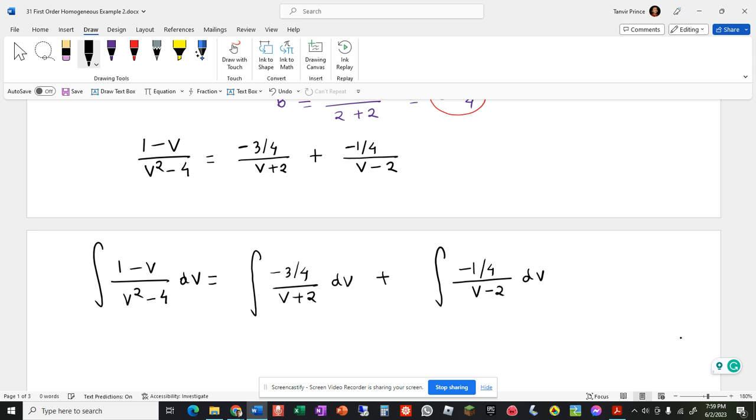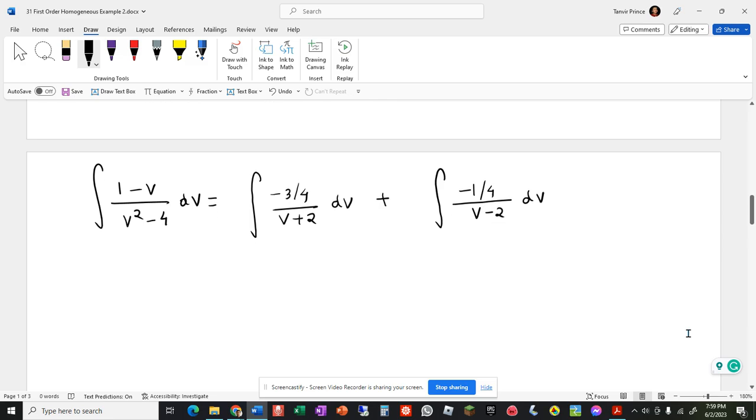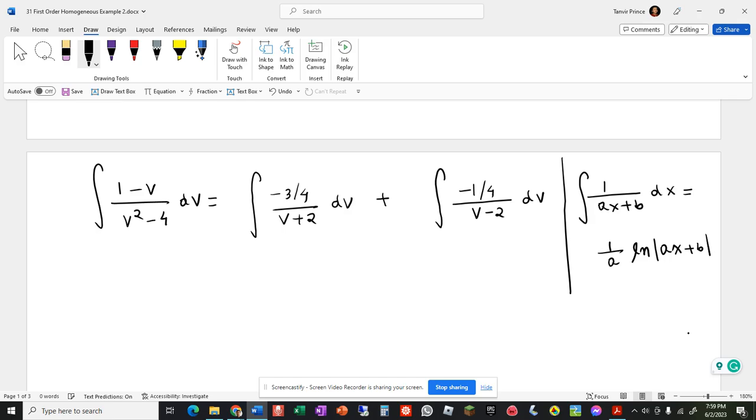Those are quite easy. Remember the shortcut: the integral of 1 over ax plus b dx, in general, is 1 over a times ln of ax plus b. That will help you here. In this case, v plays the role of x.